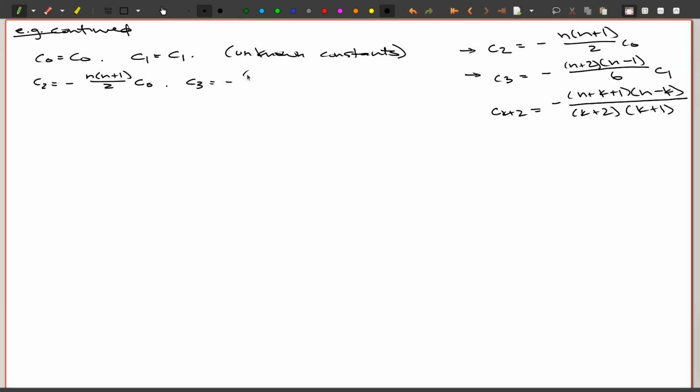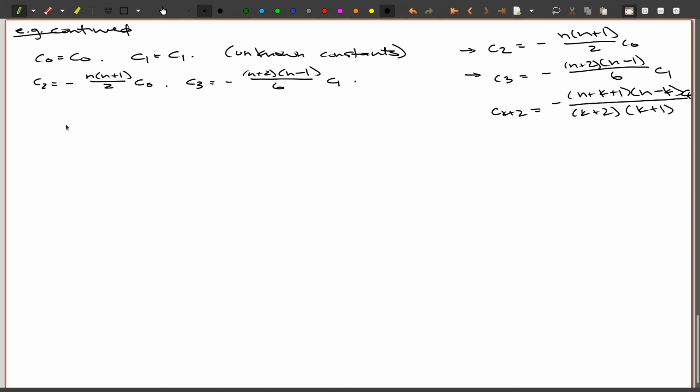So we're going to have minus n plus 2 times n minus 1 over 6 times c sub 1. And then from here, we're going to be working with our generic c sub k. Oops, I cut off that equation actually. There, good enough. So for any value k, c sub k plus 2 is minus that stuff.